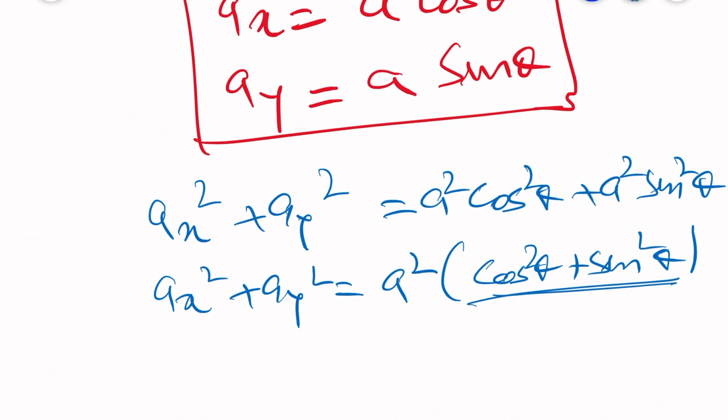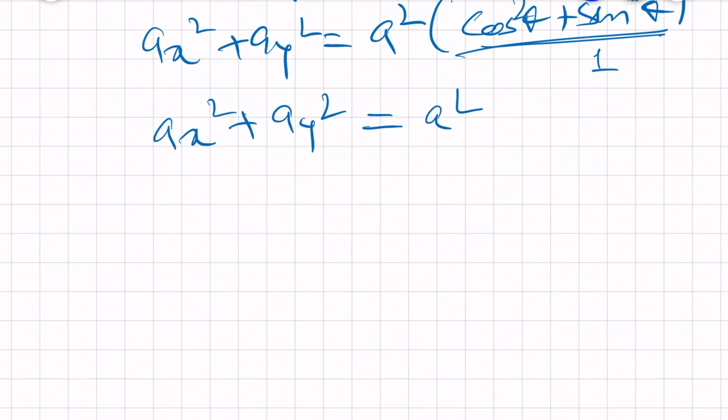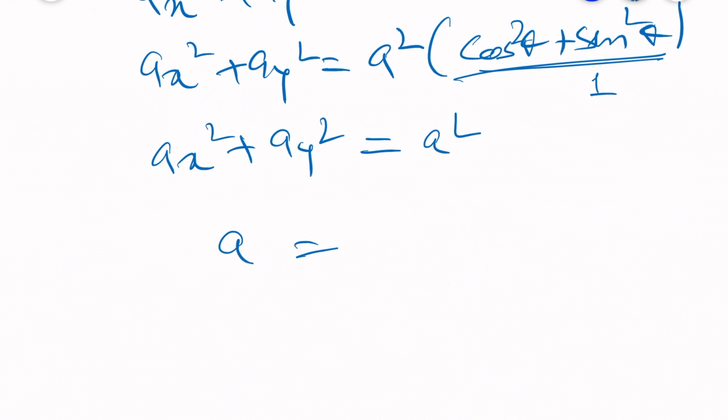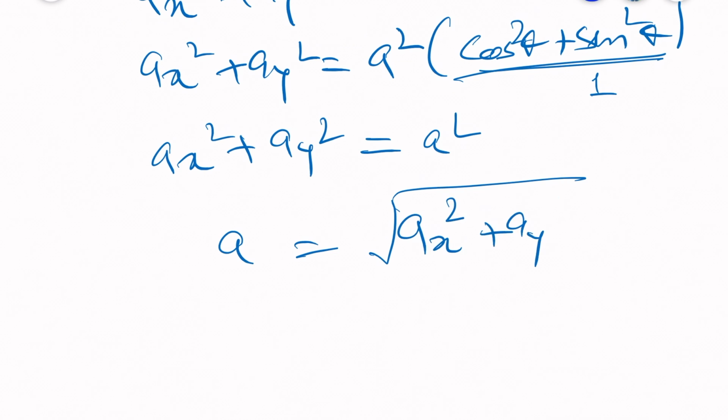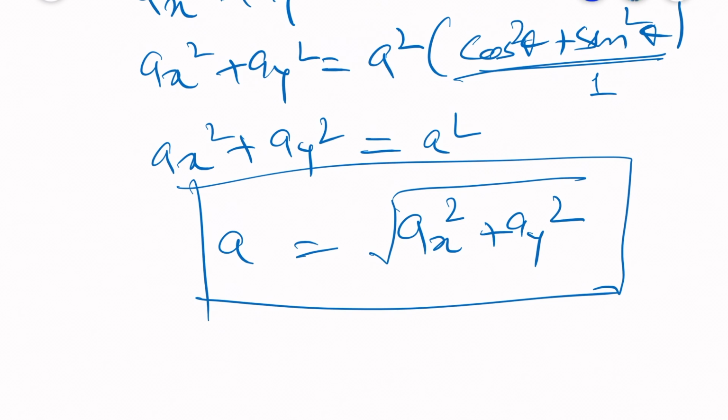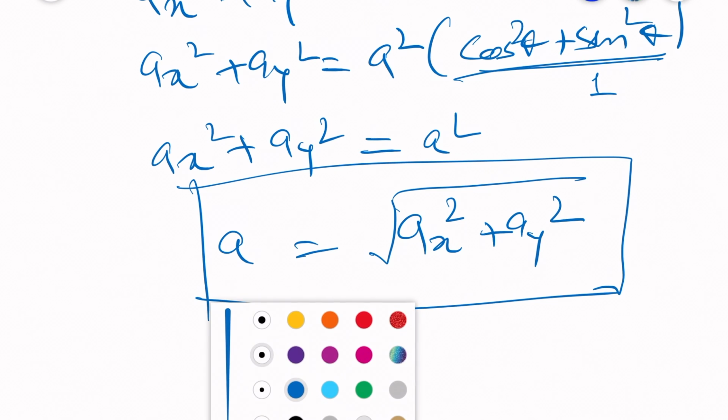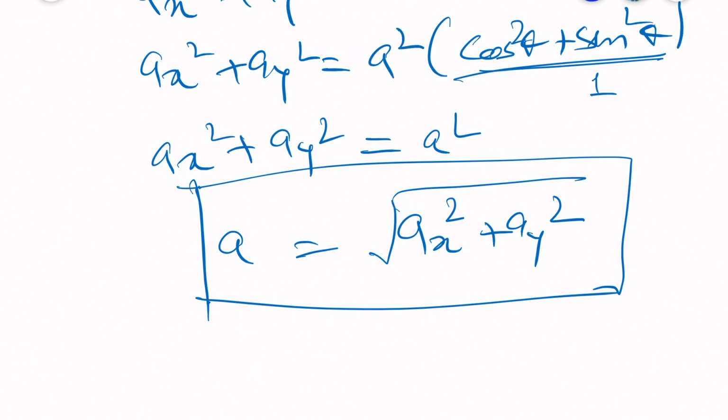This is 1, so we get Ax square plus Ay square is equal to A square. So A is nothing but square root of Ax square plus Ay square. So this is another property which is nice to remember. Given the components of a vector, if you wanted to find its magnitude, you can find it.